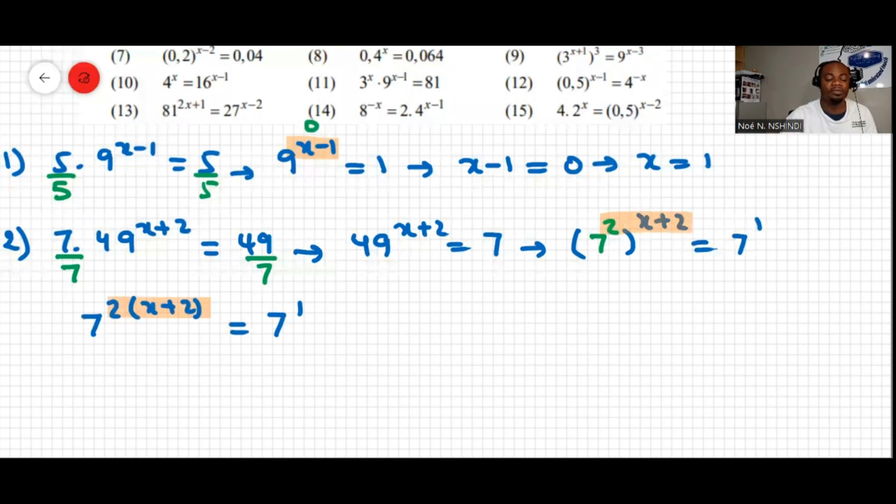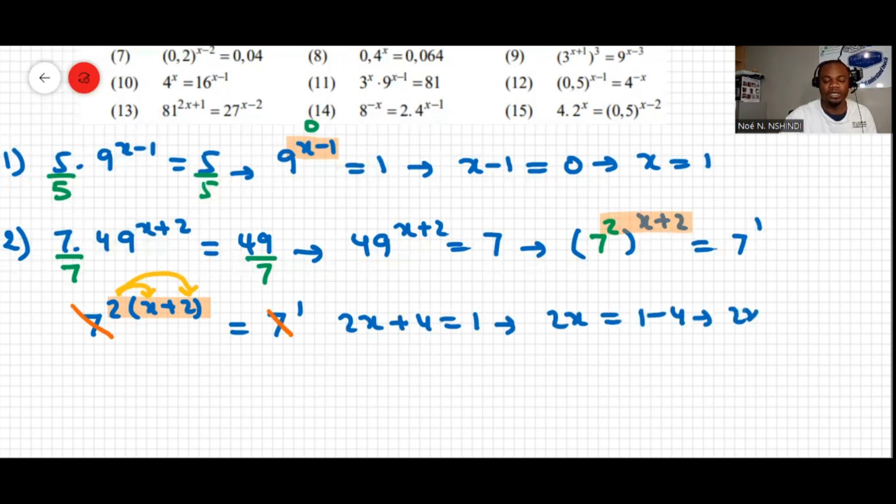So over here, because the bases are common, we can just drop the base, okay, and then we will equate the exponents. Now this is how we do 2 times x and then 2 times 2. That makes 2x plus 4 equal to 1. Now this will make 2x equal to 1 minus 4. That makes 2x equal to -3.